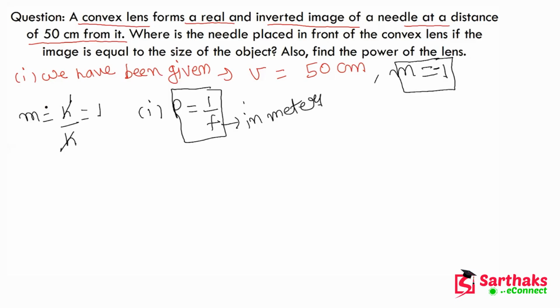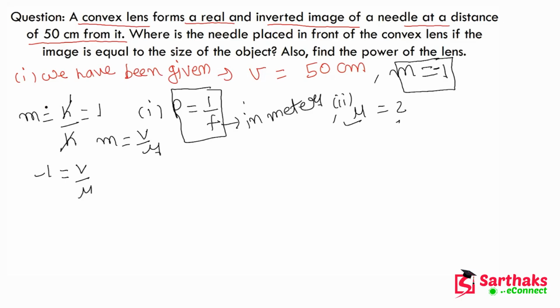Okay. And the other thing asked is object distance. This is the second thing which we have been asked. So first of all, let's try to calculate the object distance. So how to calculate the object distance? We have given m, and that is minus 1. So m has a formula that m is equals to v upon u.